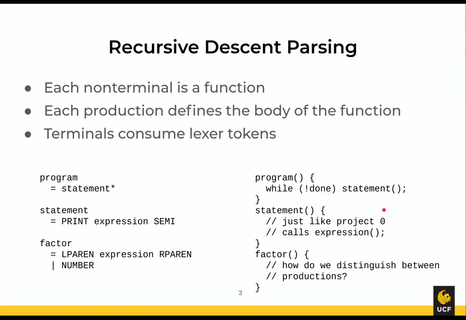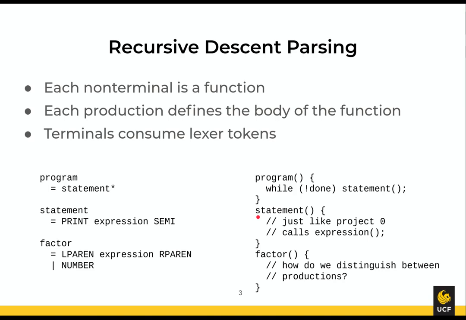Now, this is kind of pseudocode. You have to check for the end of file, white space, and do all your lexing and everything. But in terms of hand-wavy pseudocode, we're going to loop until we're done, reading a statement each time we iterate, reading a potentially arbitrary number of statements. For our statement, for instance, when we have print expression semicolon, like in project 1, this is basically going to look just like project 0.